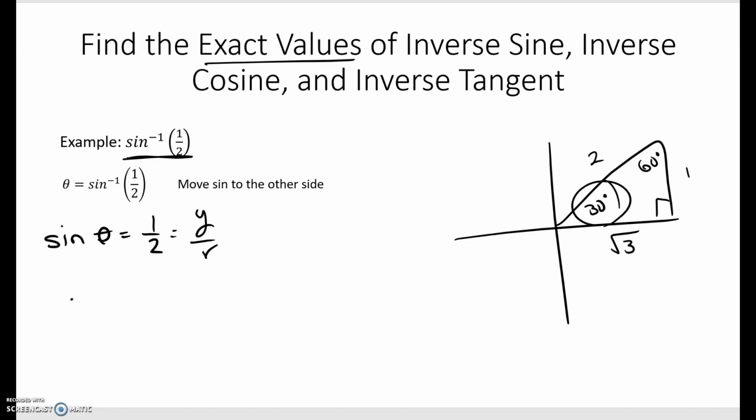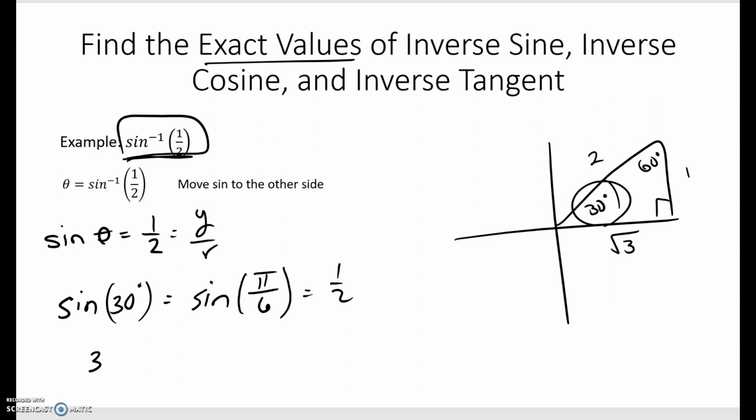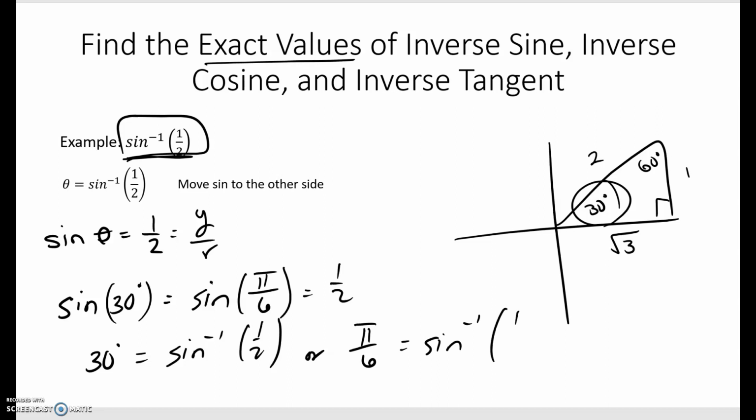So we can say that sine of 30, or sine of pi over 6, is equal to a half. We're writing it back into this: 30 degrees is equal to the inverse sine of 1/2. Or you could say pi over 6 is equal to the inverse sine of 1/2.